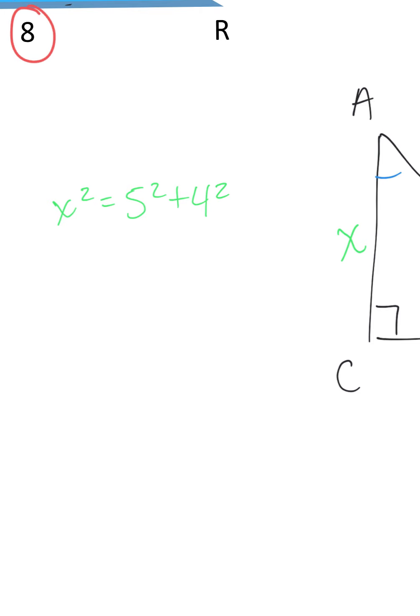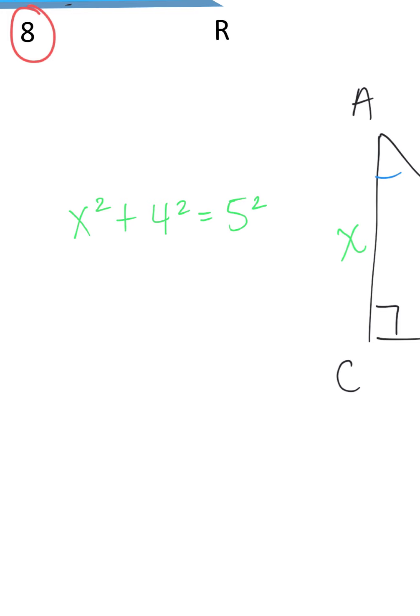The hypotenuse is 5. So that's our C, right? C has to be on the one side of the equation by itself. A and B add up to C. So let's rearrange this. Let's erase it. This should be x squared plus 4 squared equals 5 squared.